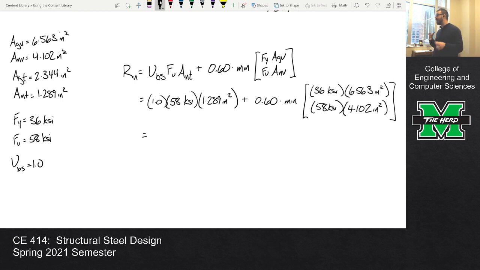Okay, now in order to ensure that we're following along, I need some help from the chat. First off, could somebody just do that? What are we getting for this value right here? Just that part. So I'm getting 74.76.